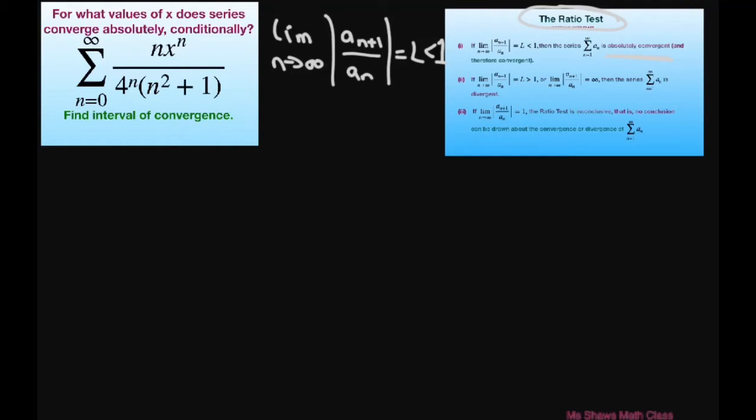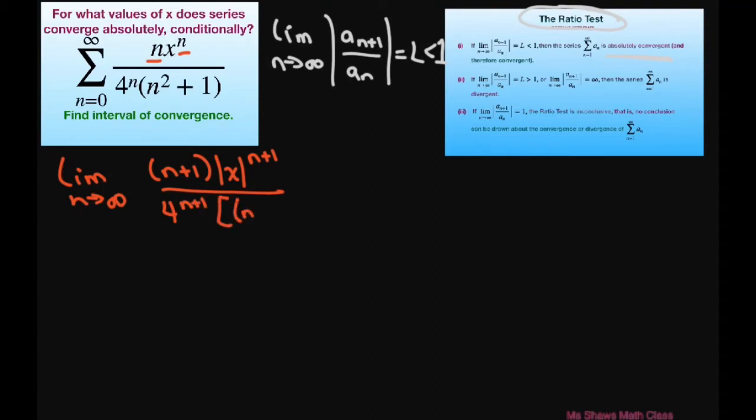So let's substitute everything in. We're going to get the limit as n approaches infinity of, and then everywhere there's an n, write in n plus 1. So n plus 1 times the absolute value of x to the power of n plus 1, divided by 4 to the power of n plus 1, times n plus 1 squared plus 1.